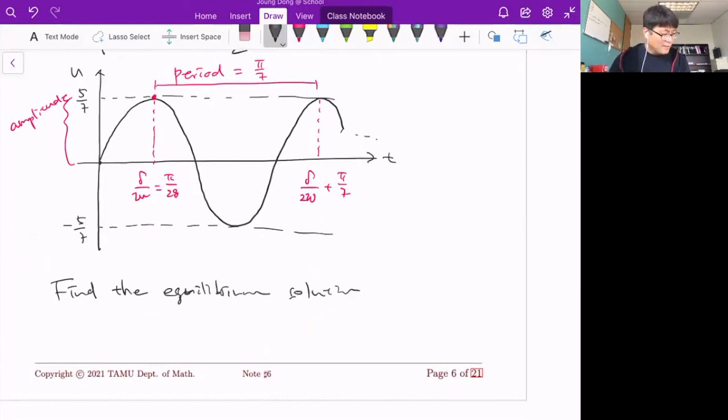Find the time, okay? Which means the u equals 0 case.